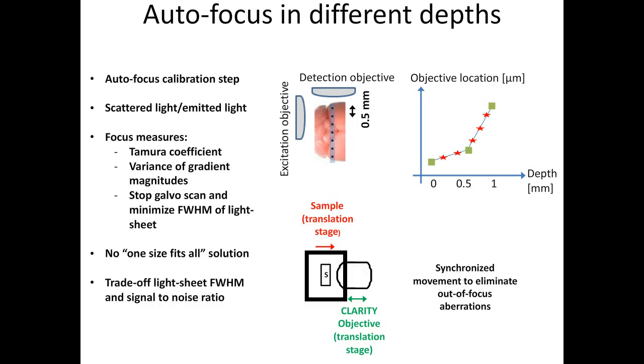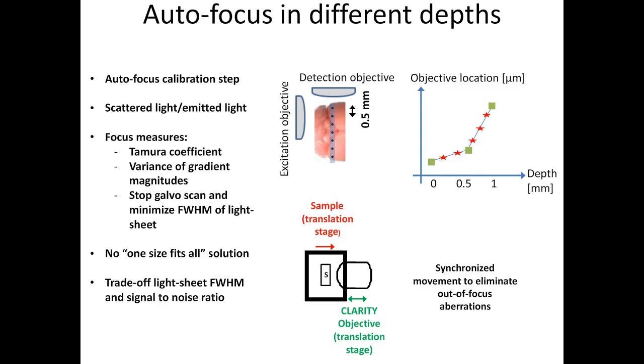So you can always increase the full width half maximum of the light sheet, of course, in order to mitigate that problem. The thing is that if you increase the full width half maximum, you lose the signal to noise and the nice images that you are able to achieve using a narrower light sheet.